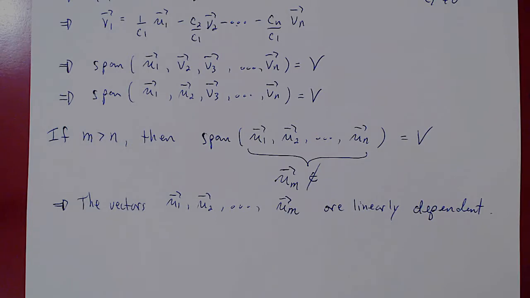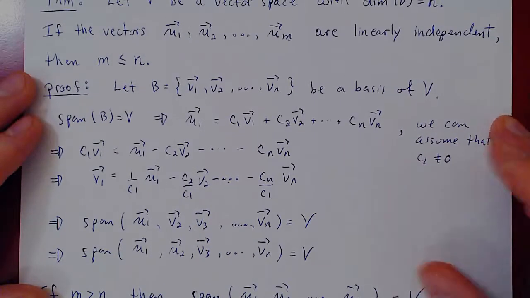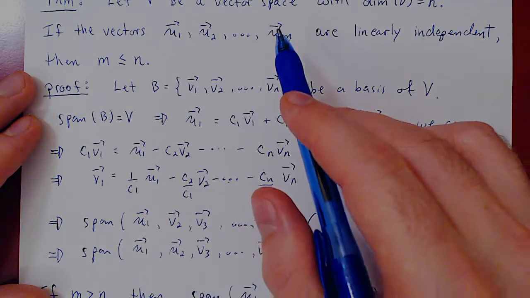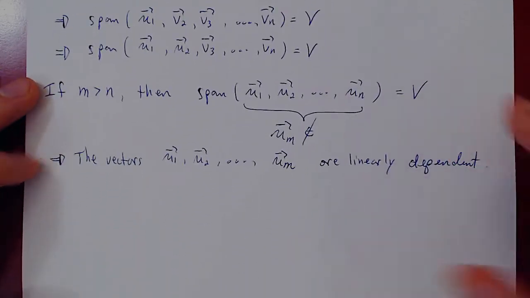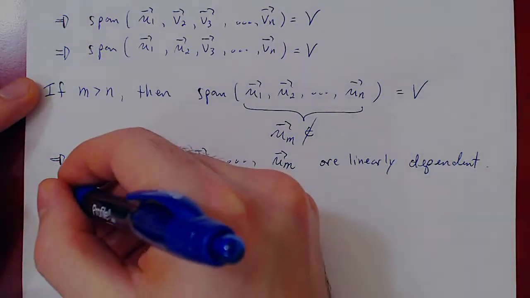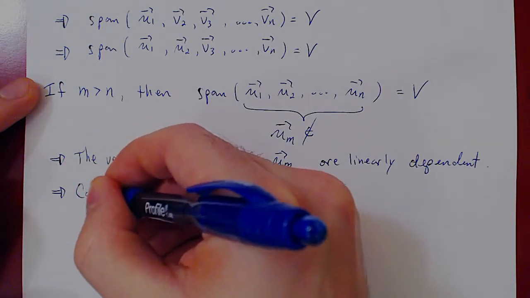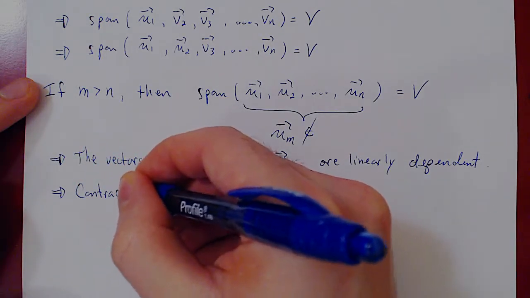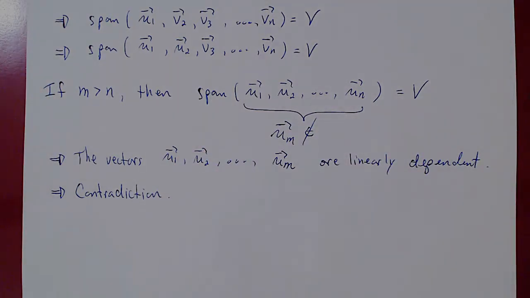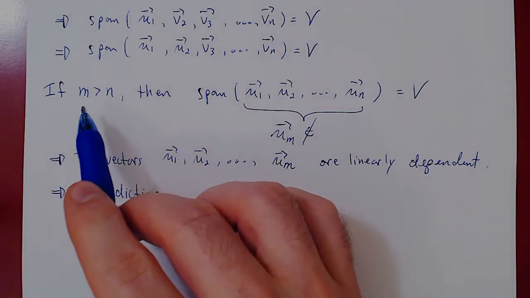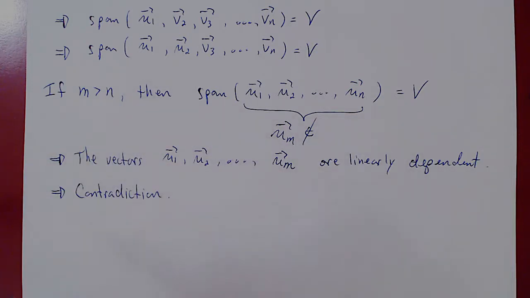And we have a contradiction, because by assumption, the vectors u1 through um were linearly independent. So this is our contradiction. And so what went wrong here? We assumed that m was strictly greater than n, and we obtained a contradiction. Therefore, this has to be false.